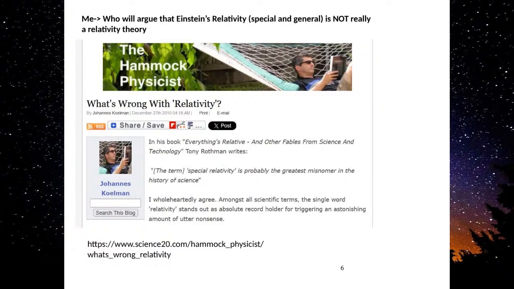Really, it's not a relativity theory. So it's been misnamed. People are talking about relativity, but really Einstein's relativity is not about relativity. And that creates a vast amount of confusion. If you go and buy Einstein's relativity, you don't mean relativity.